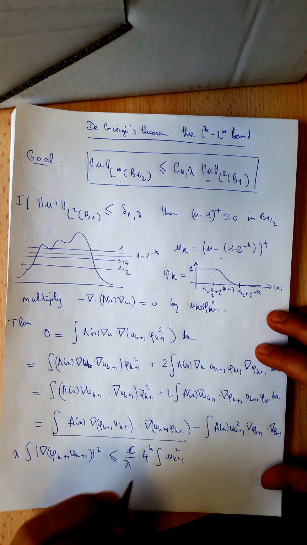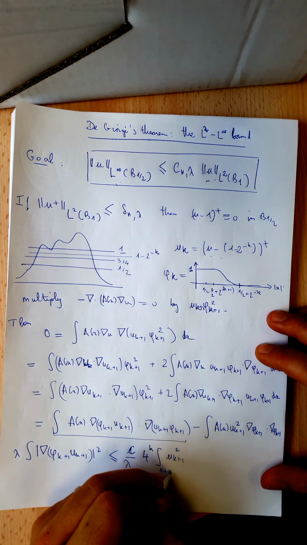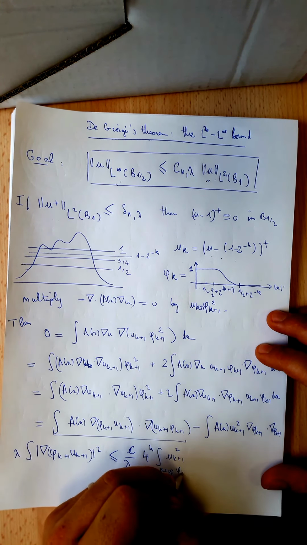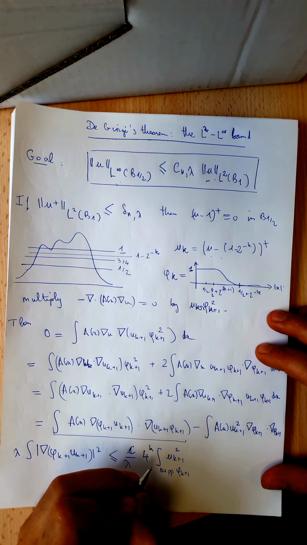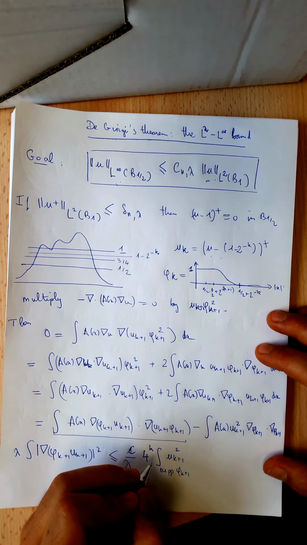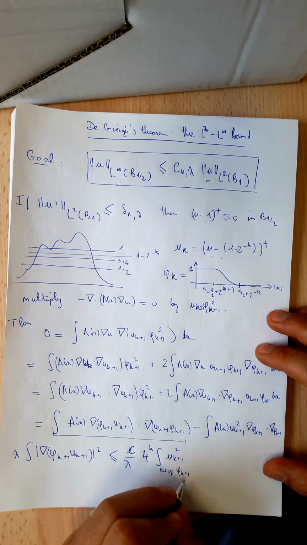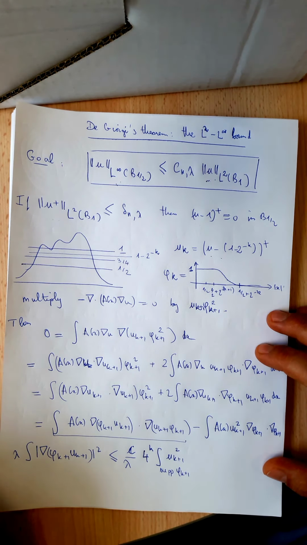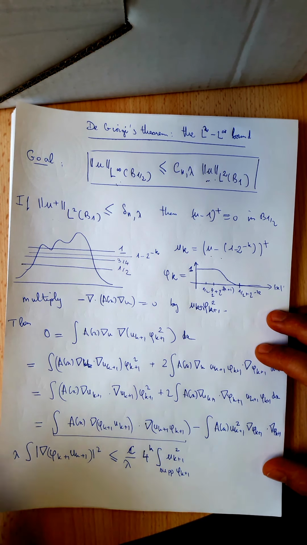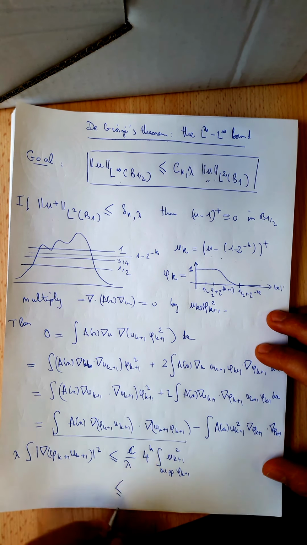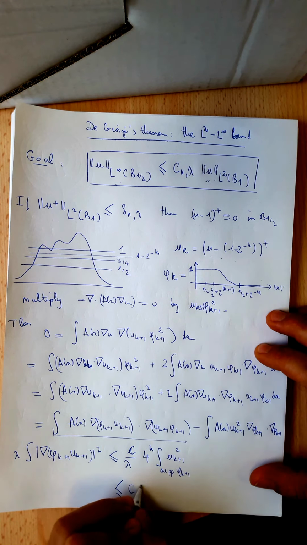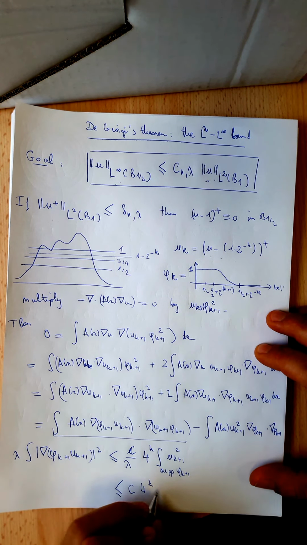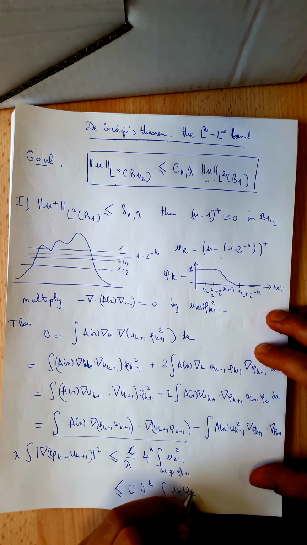And we can be a little bit more precise about this by saying that this is really integrated on the support of phi k plus 1. And this is quite convenient because on the support of phi k plus 1, since we chose a dyadic decomposition, phi k is identically equal to 1. So what we can say now is that we have a bound in terms of 4 to the k times the integral of u k phi k squared.